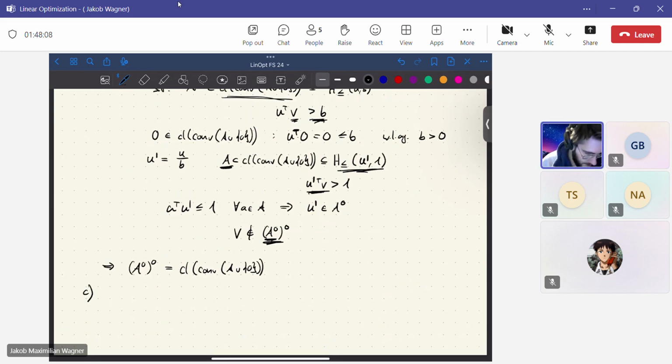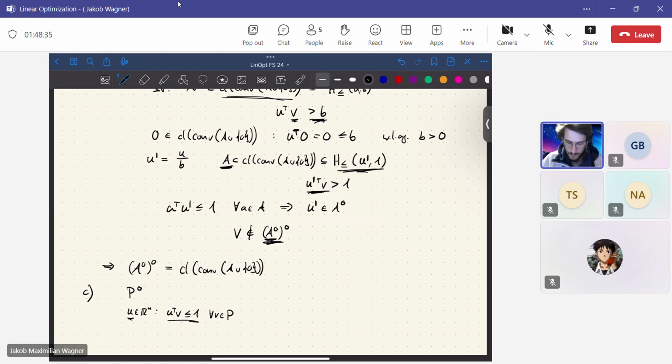How can we see this? We immediately have that the polar of P, which are all U in Rn such that U transpose V is less or equal than 1 for all V in P, all these U's satisfy all of those inequality constraints.